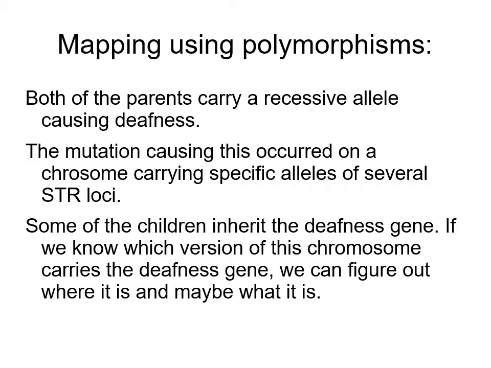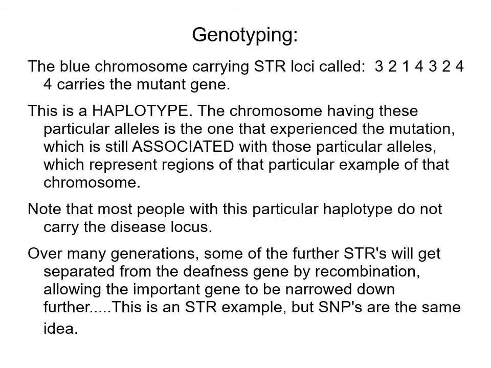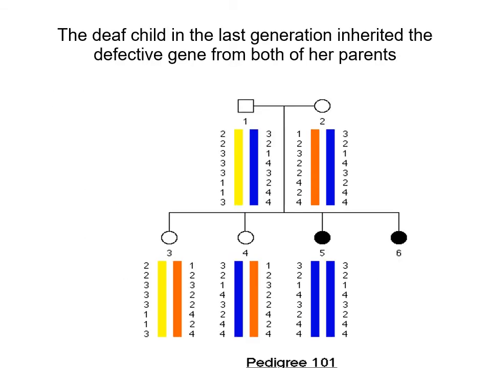But it's a good way to track it in the family, especially if you know that that family has that gene segregating. So this is our haplotype, and it's associated with the deafness gene. It's still associated even though it's been passed down through the generations. Now, recombination will eventually separate the further STRs from the deafness gene, but for now, it's a useful predictor.